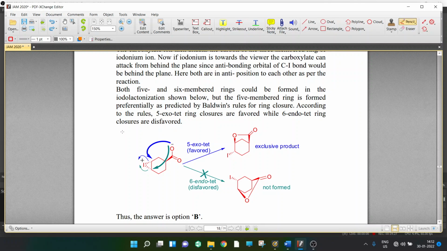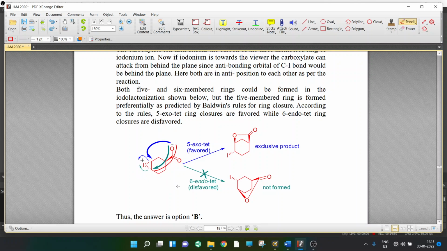Whereas with the green arrow which I am showing, the attack is happening on this carbon and the iodine goes inside. When it goes inside, it is called endo. See, the ring is formed overall and the iodine is going inside the ring. So it is called endo.